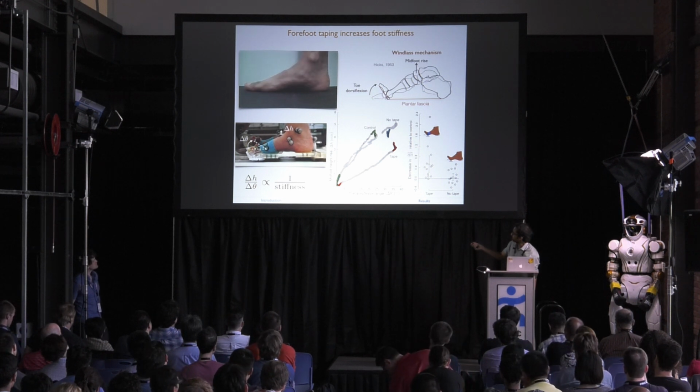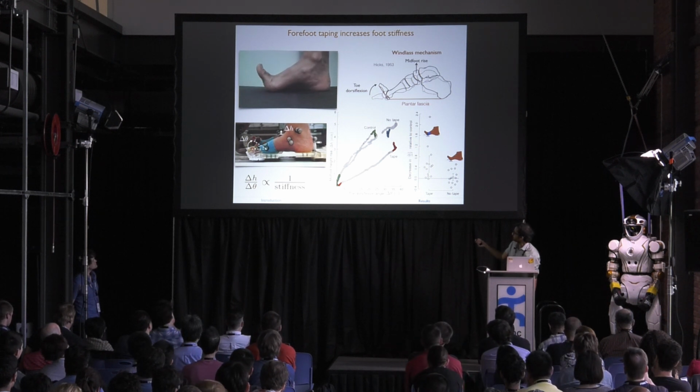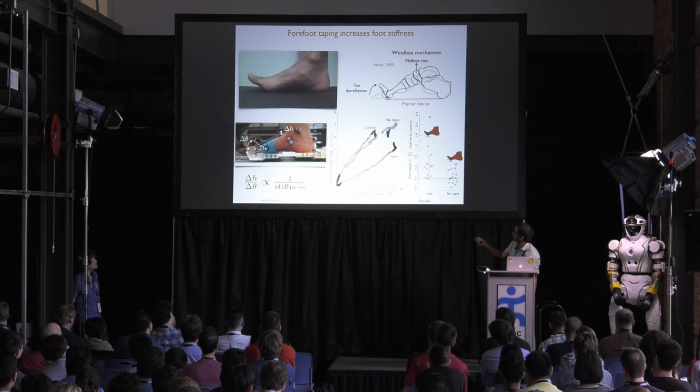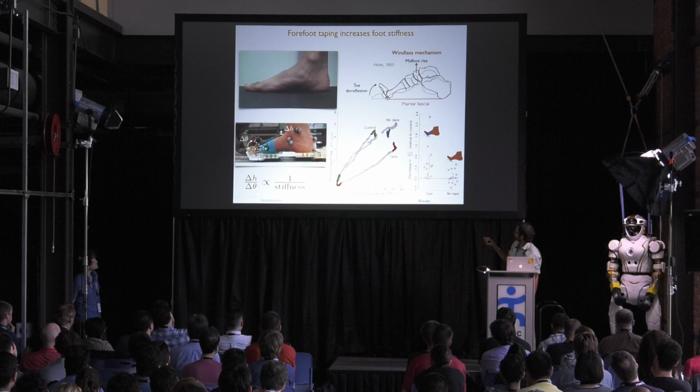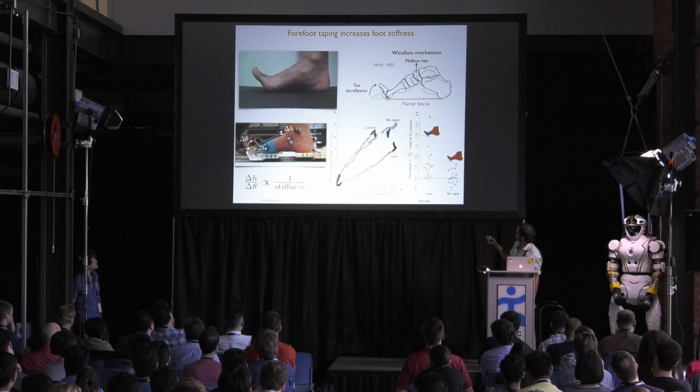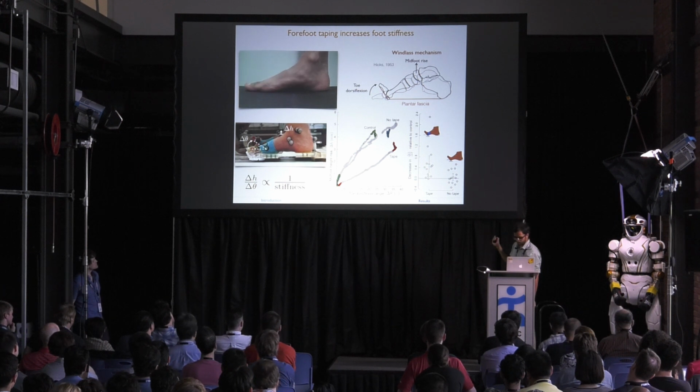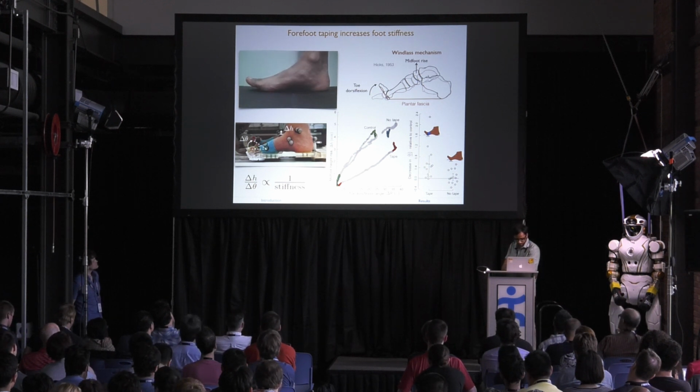I find that for a representative subject, the taped foot rises much less for the same amount of toe dorsiflexion than the no tape and control, indicating that the taped foot is yet again stiffer. And for all of our subjects, I find that on average, the taped foot is about 50% stiffer compared to the untaped foot, which leads me to the following two conclusions.